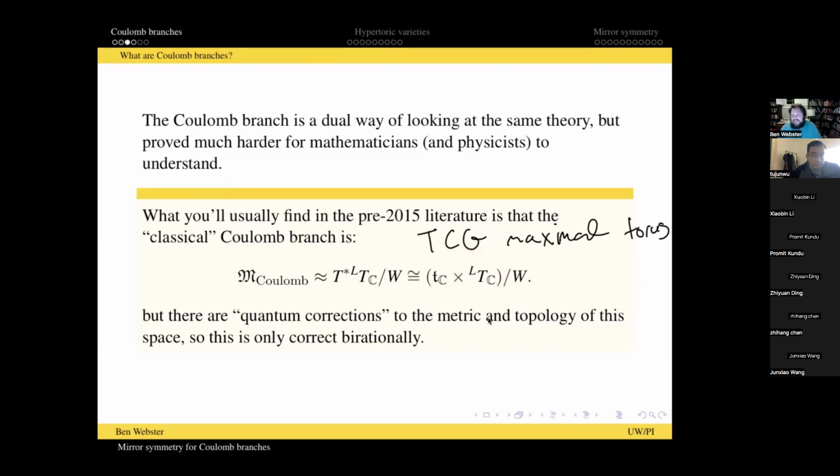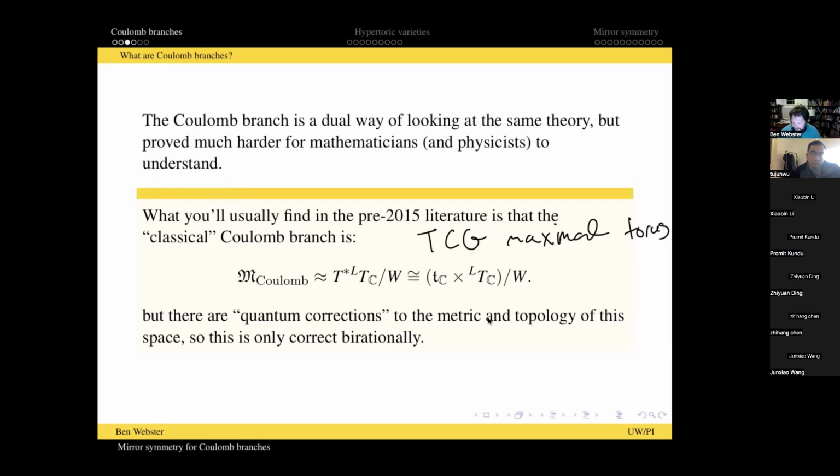And the physicists say, oh, well, that's kind of right. If you just analyze the field theory naively, that's what the field theory is suggesting. But that's a classical field theory. You've got to do it in a quantum way. There are quantum corrections to the multiplication of functions on this guy, which are going to change the metric and the topology.